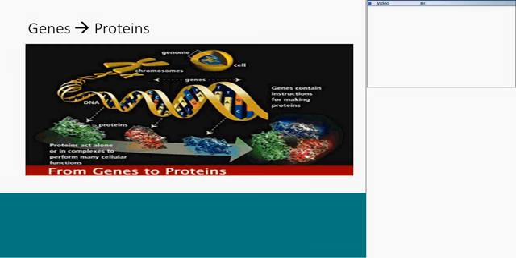These proteins fold and do different functions in the body. Basically, there are two functions for a gene. One is that it's a blueprint for development. How do they do it? They do that by making protein. If there is a change in one of these letters in any gene, it can cause a problem. And this is what we do with genetic testing. What we want to find out is whether or not there is a change in any of these letters that can cause a problem. Okay, next, please.